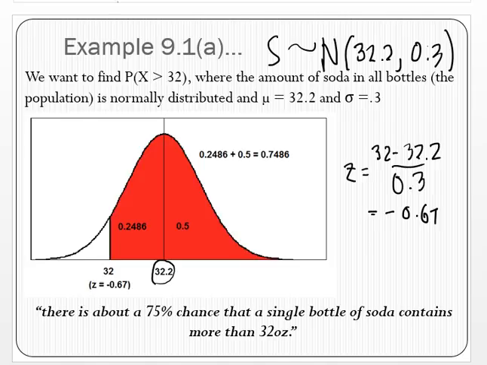We want the probability that a bottle has more than 32 ounces, so we have 0.2486 in this section. We want to get what's greater than the mean from this section, add those values together. So there's about a 75% chance, 74.86% chance, that a single bottle of soda drawn from this normal population contains more than 32 ounces.